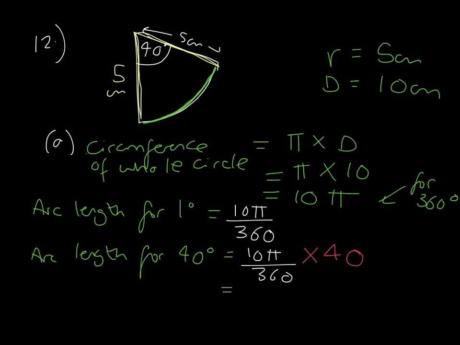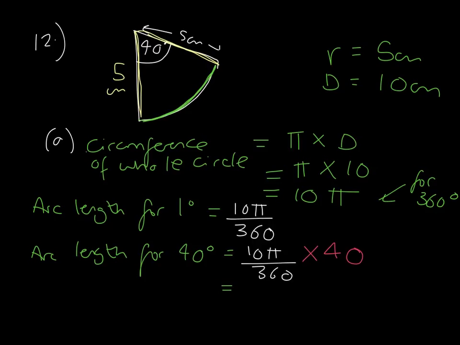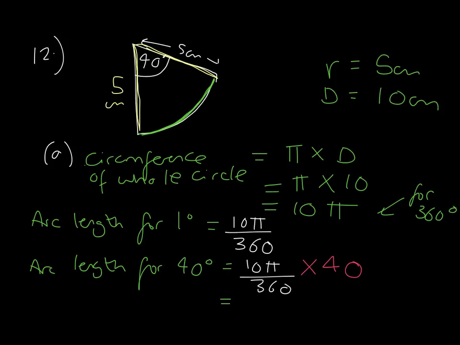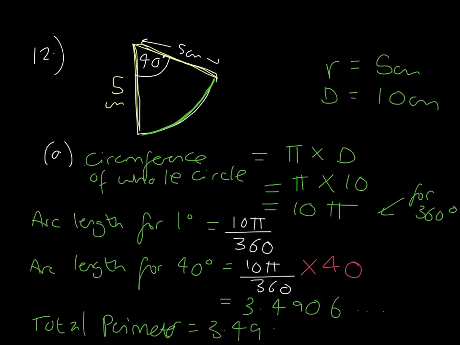Now, if we then work this out using a calculator, this equals 3.4906... So the total perimeter then equals 3.4906 plus 10, where the 10 comes from this 5 and this 5 here.